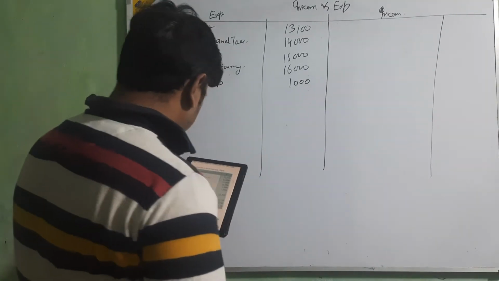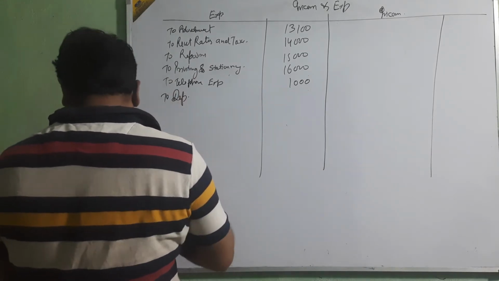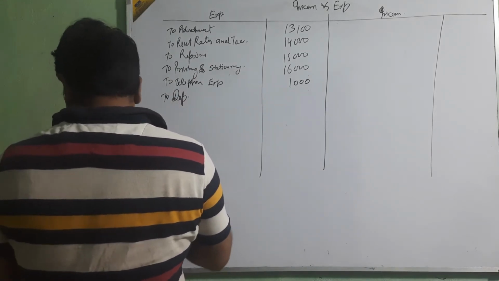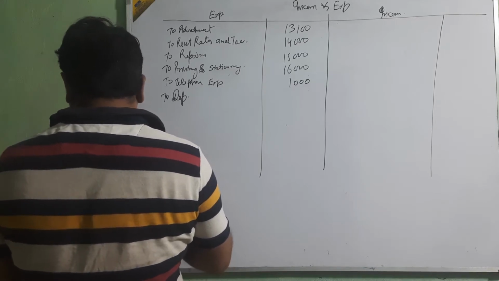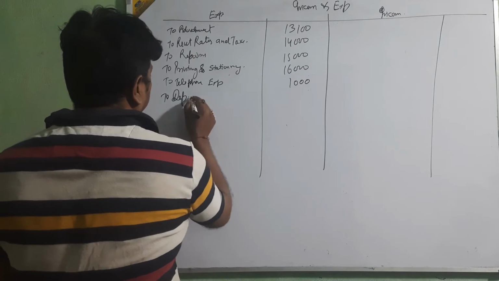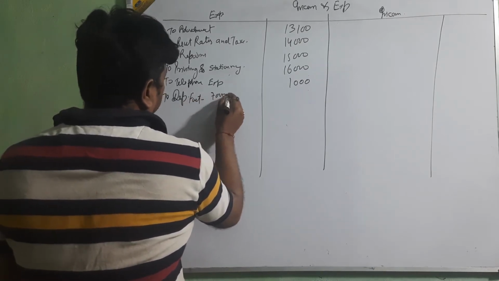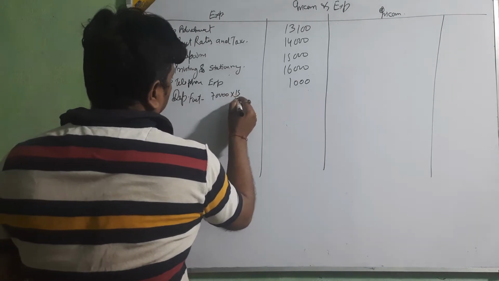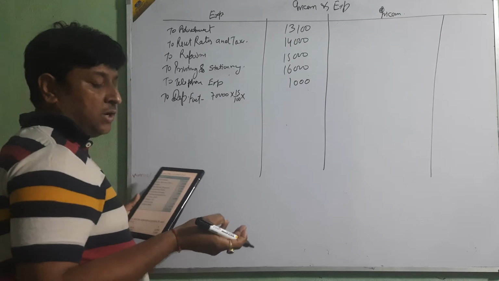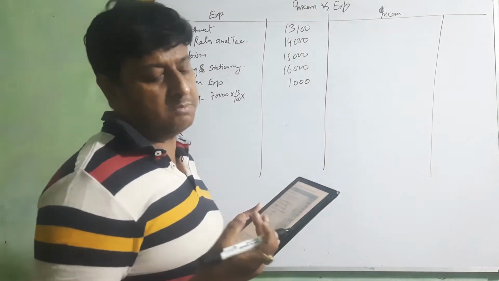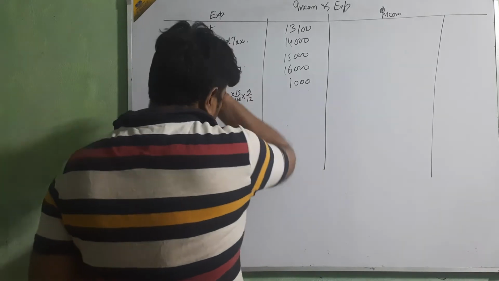Then cash and balance, don't take. Then go for the depreciation, because in this question depreciation is given at 15% on furniture, and the furniture amount is 70,000, beta. Furniture amount is 17,000. 15% of 17,000. And in July, so July, August, September, October, November, December, January, February, March, 9 months. 9 upon 12.